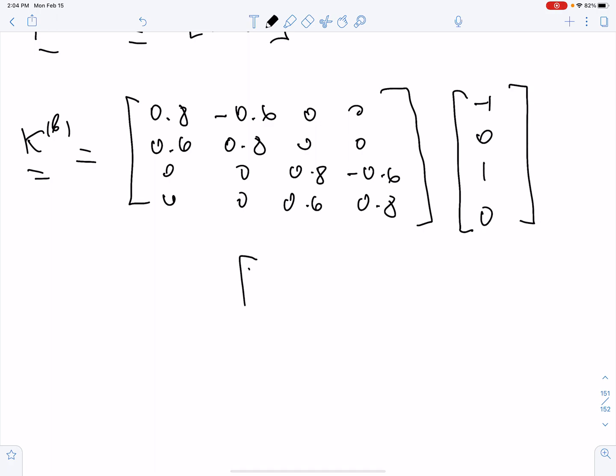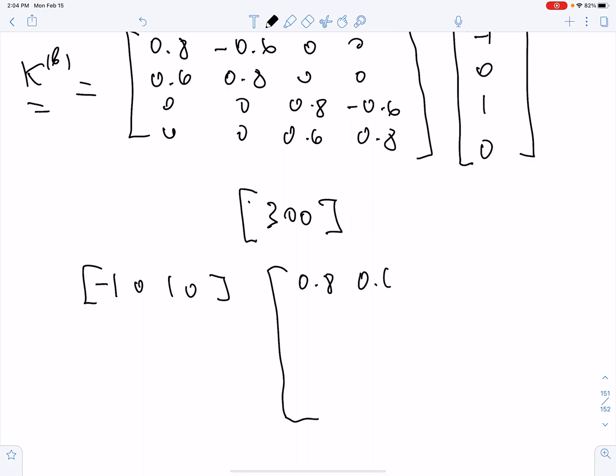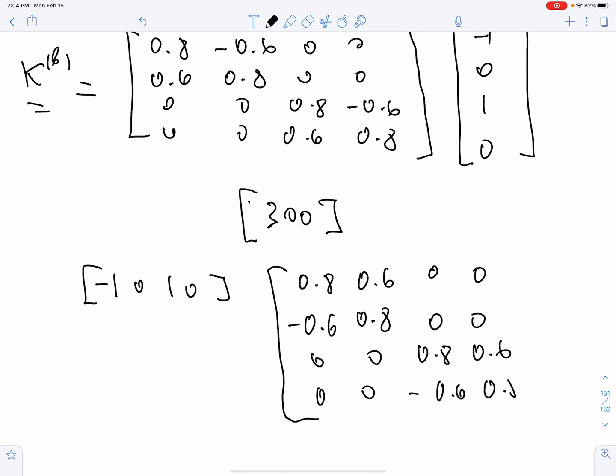Then this guy goes and multiplies the basic stiffness. Okay, followed by post-multiplication by RBM, minus 1, 0, 1, 0. And then by gamma ROT itself, which has the original entries 0.8, 0.6, minus 0.6, 0.8, 0, 0, 0, 0, 0, 0, 0, 0, 0.8, 0.6, minus 0.6, 0.8.